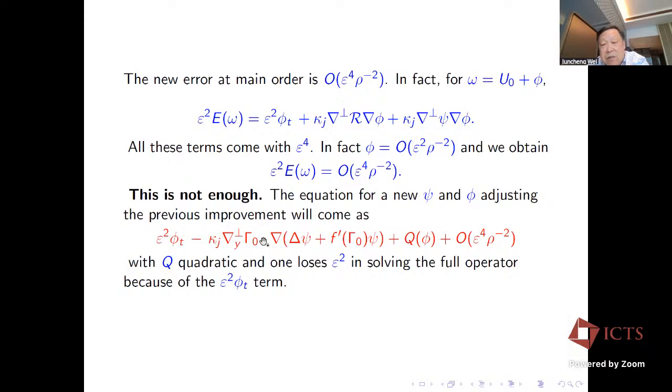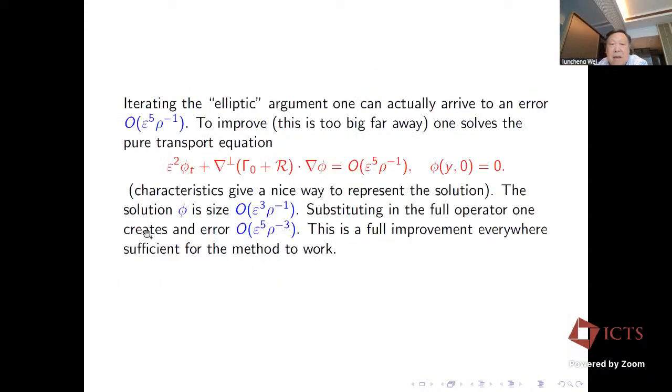You cannot just use this one now, because if you have a mode 0 radial symmetry part, you are in big trouble. Okay, so we have to pick up this phi t term. So in the end, we need to solve this kind of transport equation with this type of right-hand side.